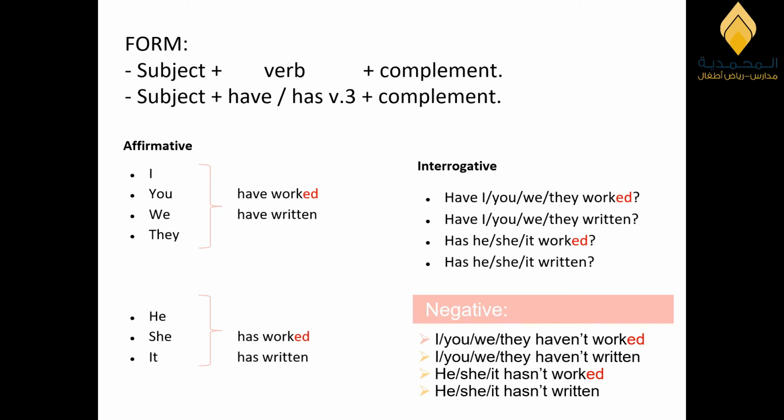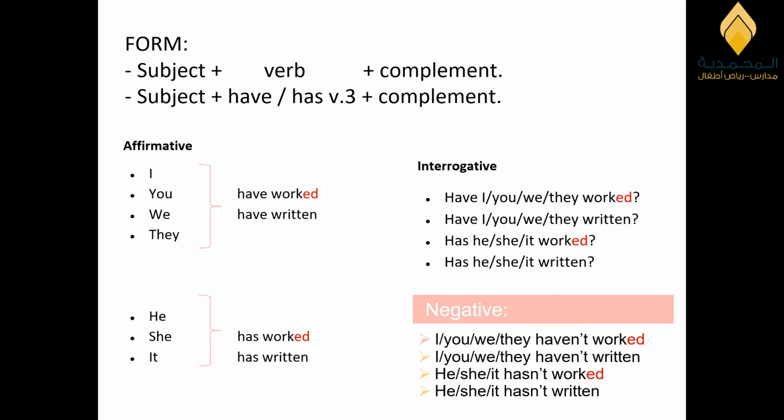I'm going to start with the affirmative sentences. I, you, we, they, these are plural subjects, so I'm going to use the auxiliary have. So I say, I have worked, we have written.